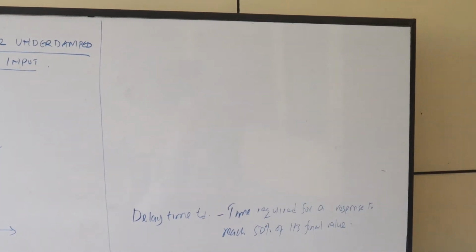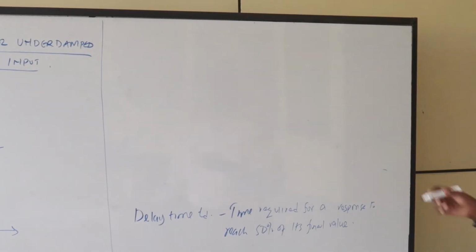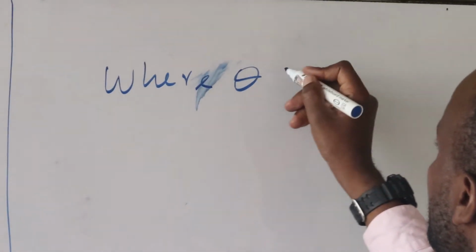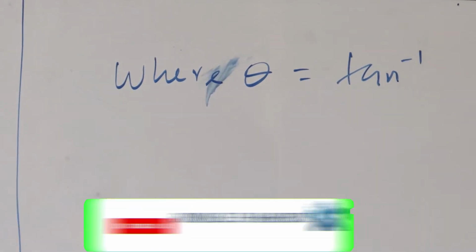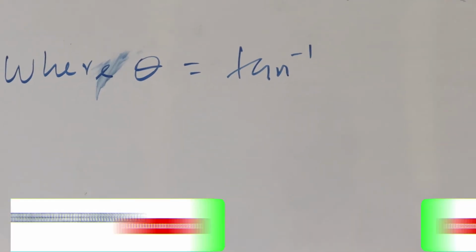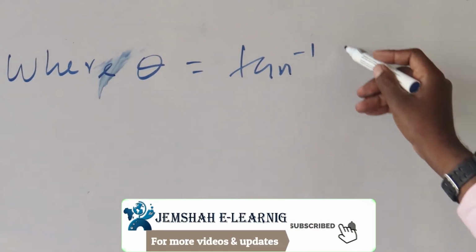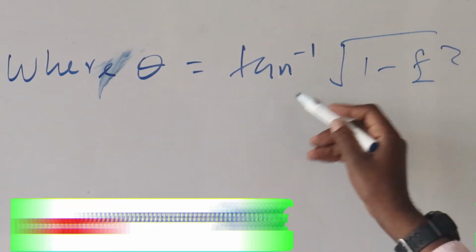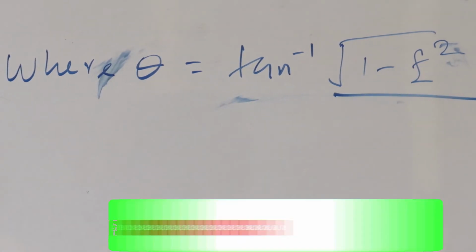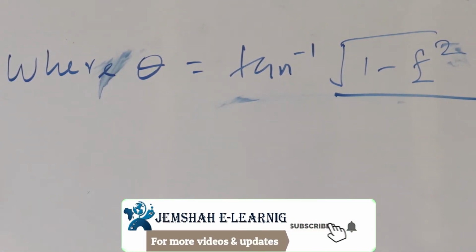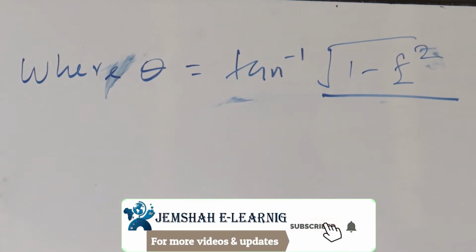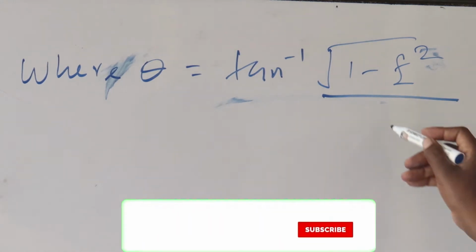is the tan inverse of root of 1 minus zeta squared all over zeta, and this should be in radians.